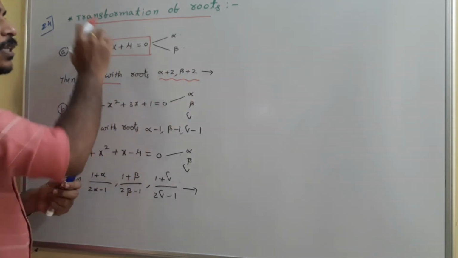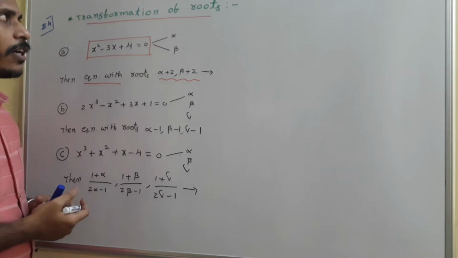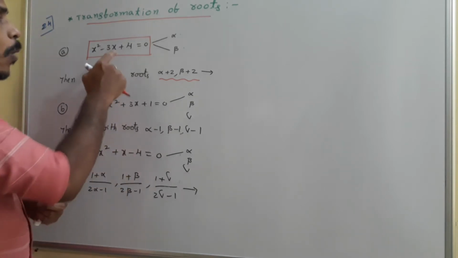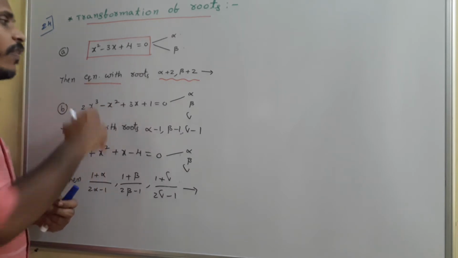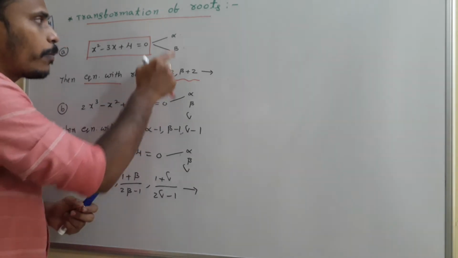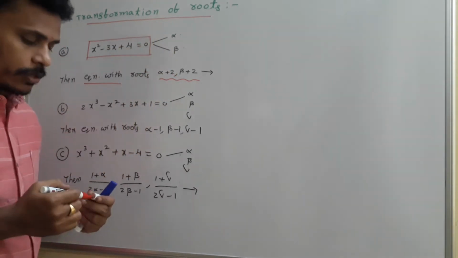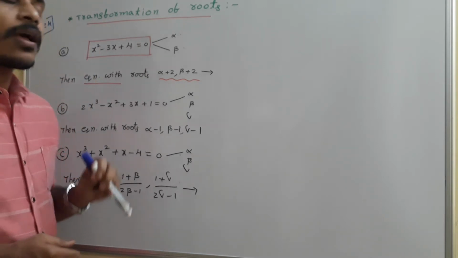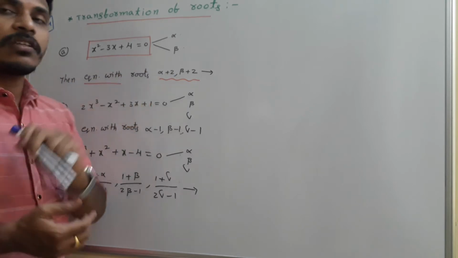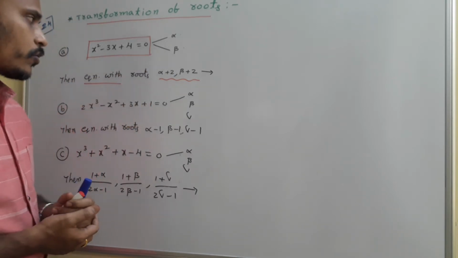So in this concept of transformation of roots, one equation and its roots are known. Then we need to find another equation whose roots depend on the roots of the given equation. Since this equation has roots alpha, beta, our target is to find the equation with roots alpha plus 2 and beta plus 2.